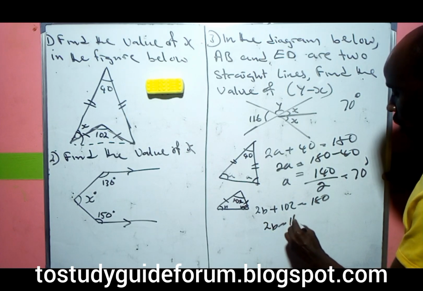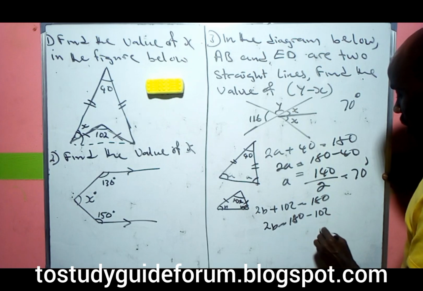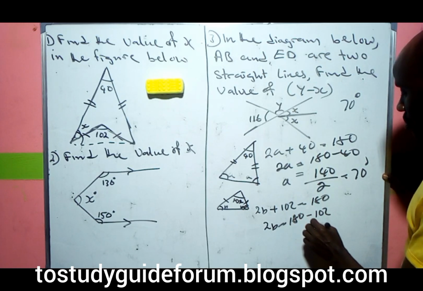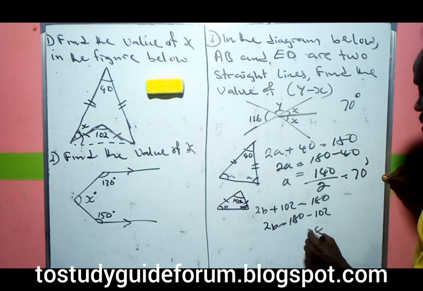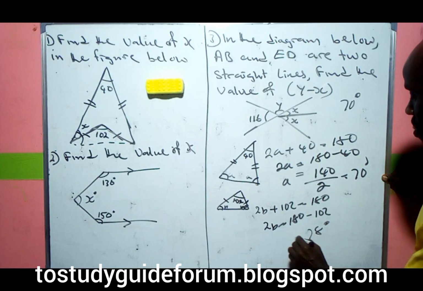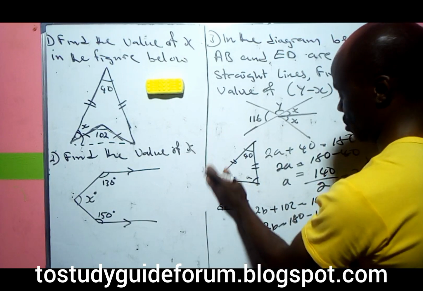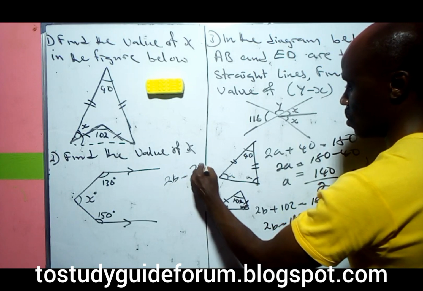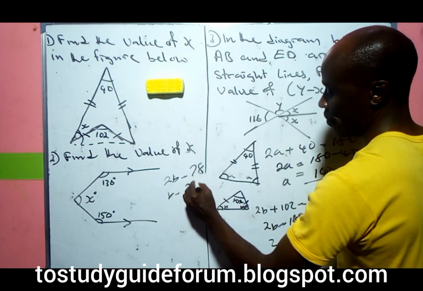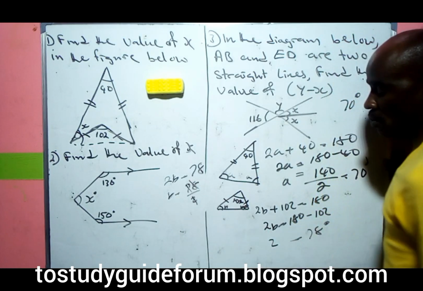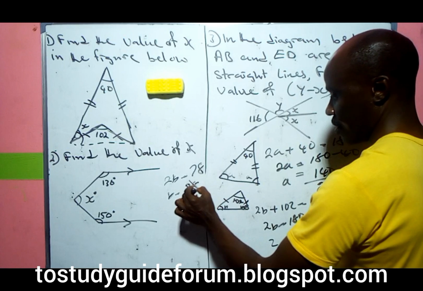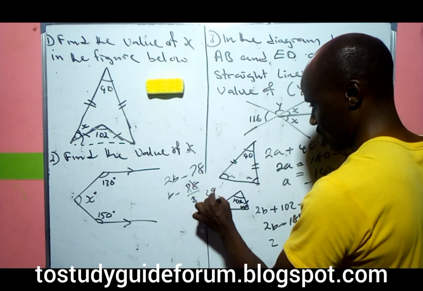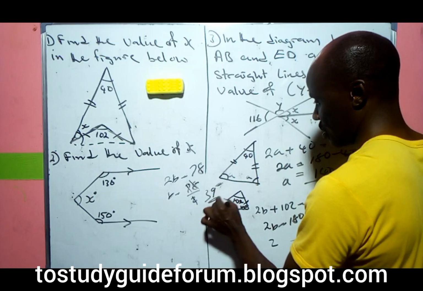Then 2B will be equal to 180 minus 102, which gives us 78. So we have 2B equal to 78. Then B will be 78 over 2. When we divide it, we have 39 degrees. That is what we have.